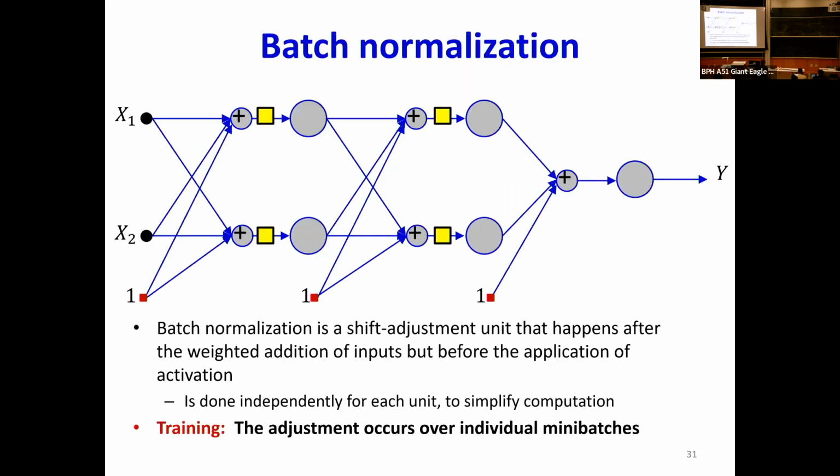Now batch normalization is a shift adjustment, but we can apply it at different locations. This business of not standardizing mini batches holds valid because your data, as it passes through the network, gets moved around. Small differences between mini batches can become very large and get magnified when the mini batch gets passed through the network.